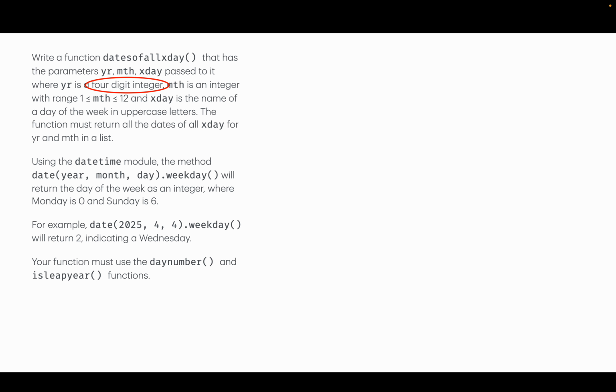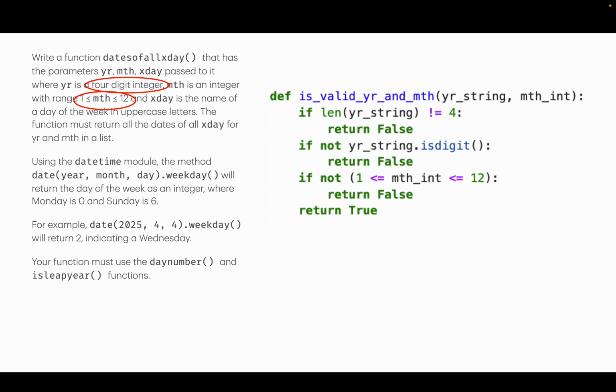So let's begin by doing some validation of data. We know that the year should have 4 digits, and we know that the month should be between 1 and 12. So we can quickly create a simple validation UDF to check whether it is a valid year and month. Now the year is a 4-digit integer, but what we are actually taking in is a string, right?